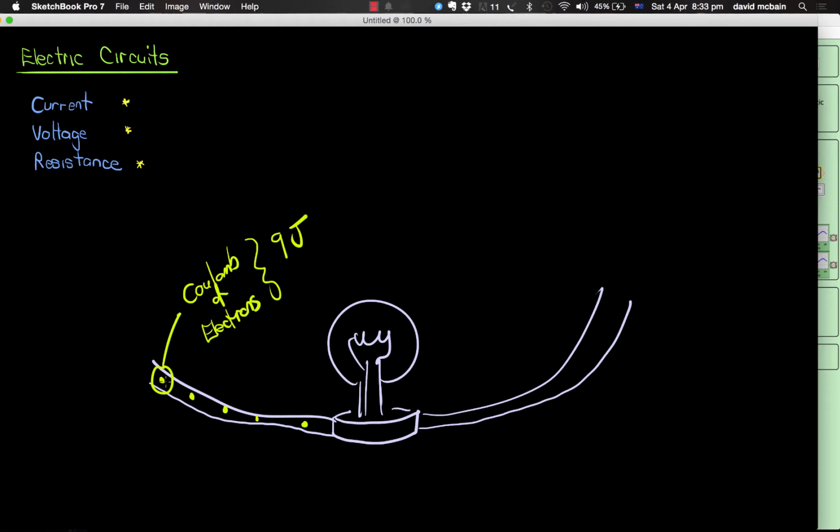So, as these coulombs of electrons reach the globe, they will flow up through the filament, and as it passes through the nichrome filament, the electrical energy that's stored in the electron gets converted into heat and light.